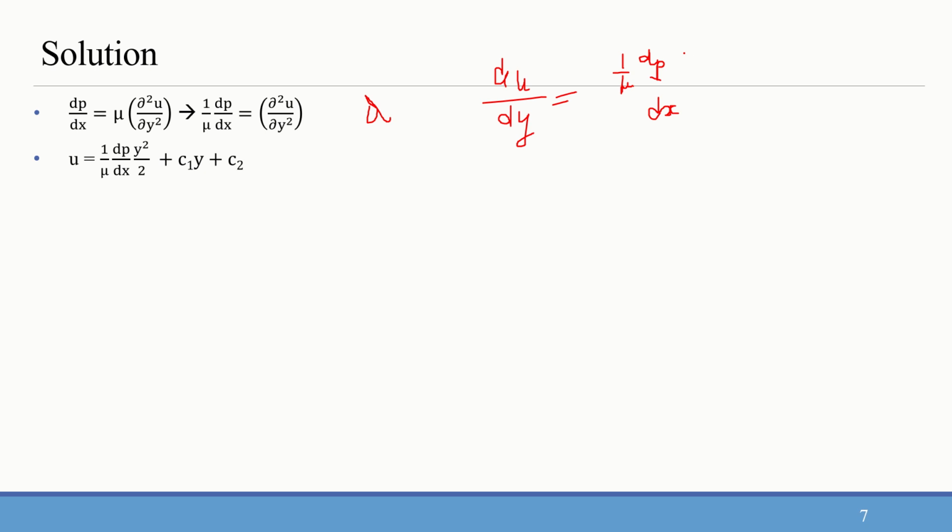Since we are integrating, this will become y plus some constant, let it be c1.